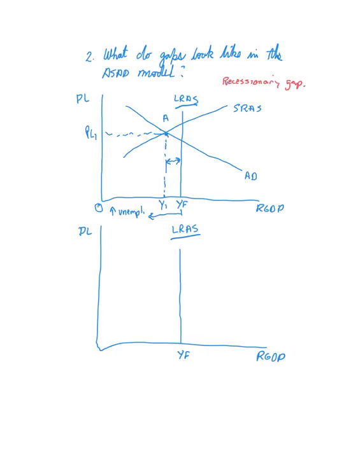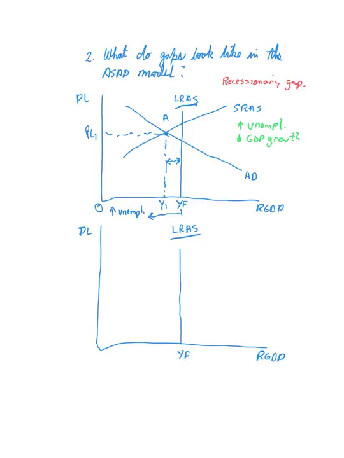So what can we say about it? Well, we've got high levels of unemployment. We've got typically low levels of GDP growth.